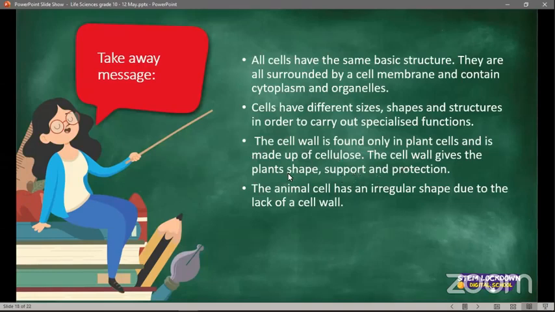And the cell wall gives the plants shape, support, and protection. These are the functions of the cell wall. And the animal cell has an irregular shape due to the lack of a cell wall. So as I said, guys, your homework, tabulate the differences between animal cells and plant cells.